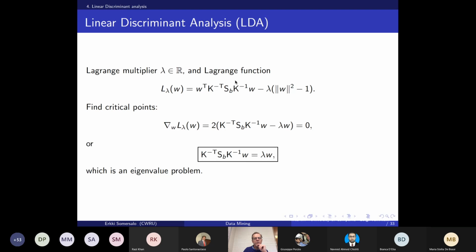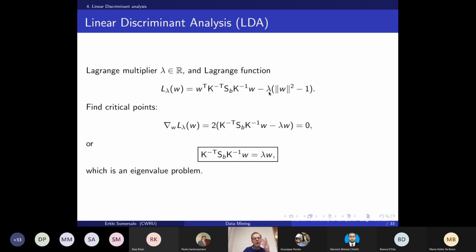So you take the function that you want to maximize, which is here this W transpose K minus transpose S_B K minus 1 W, and then you take minus lambda times the scalar constraint that you have. And so the scalar constraint is that W norm minus 1 is equal to 0.